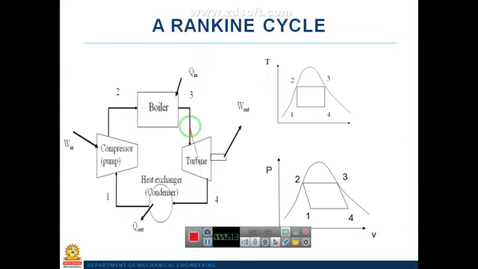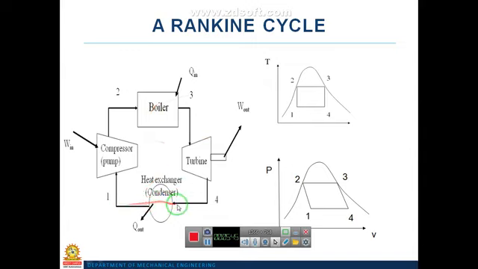In the turbine, the steam is expanded from boiler pressure up to condenser pressure. So the steam is directly expanded in the turbine from boiler pressure to condenser pressure, and then enters the condenser.